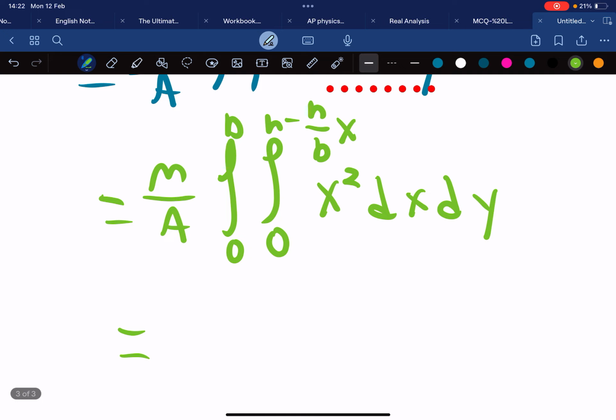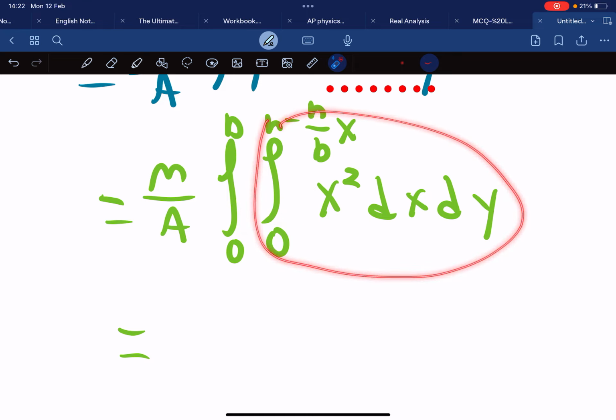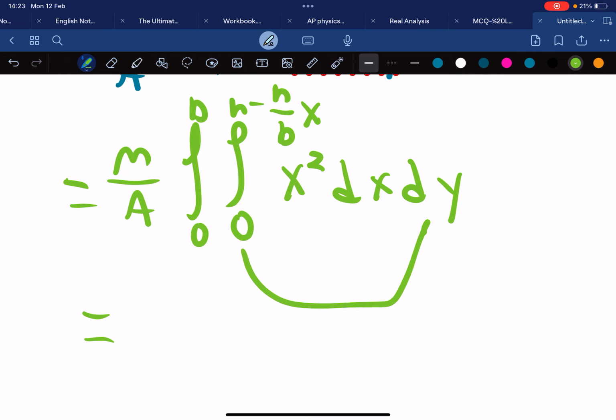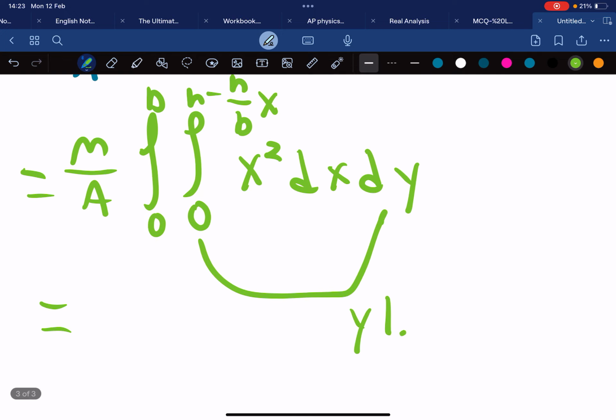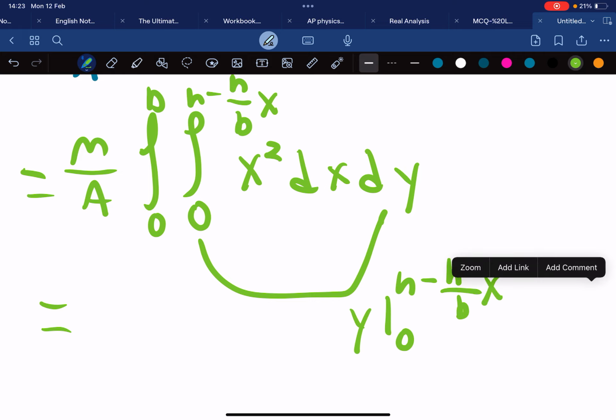There are no y terms, so we integrate y first, and we can pull the x out, since it acts just like a constant. The inner integral is just y evaluated at 0 and h minus h over b x, which is h minus h over b x.